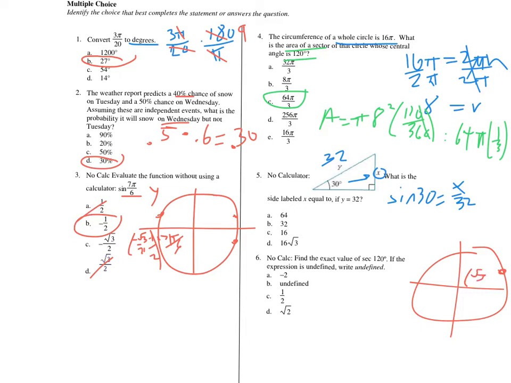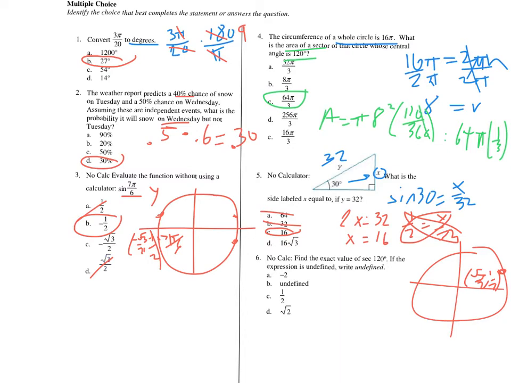So that's rad 3 over 2, comma 1/2. And so the y value is 1/2 equals x over 32. And we'll just cross multiply there. And so 2x equals 32. And so x equals 16 if you divide by 2. That does make sense because we would definitely want this leg to be smaller than the hypotenuse, like 64, and 32 would not make sense since it definitely has to be smaller than the hypotenuse.